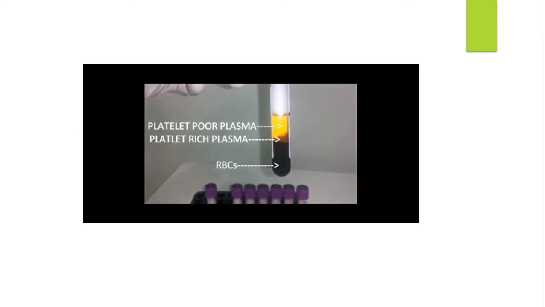So that would yield an upper portion of platelet poor plasma, lower portion with platelet-rich plasma, and a lower globular portion rich in leukocytes and erythrocytes.